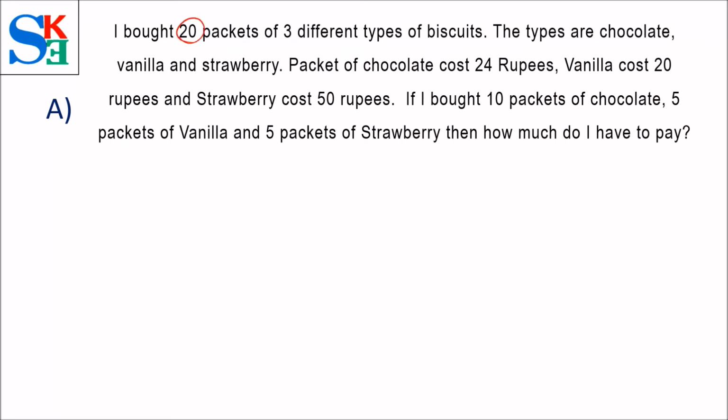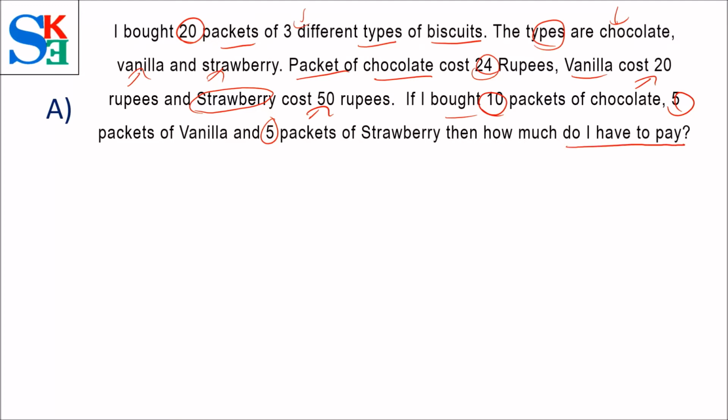I bought 20 packets of 3 different types of biscuits. The types were chocolate, vanilla and strawberry. A packet of chocolate cost 24 rupees, vanilla cost 20 rupees and strawberry cost 50 rupees.